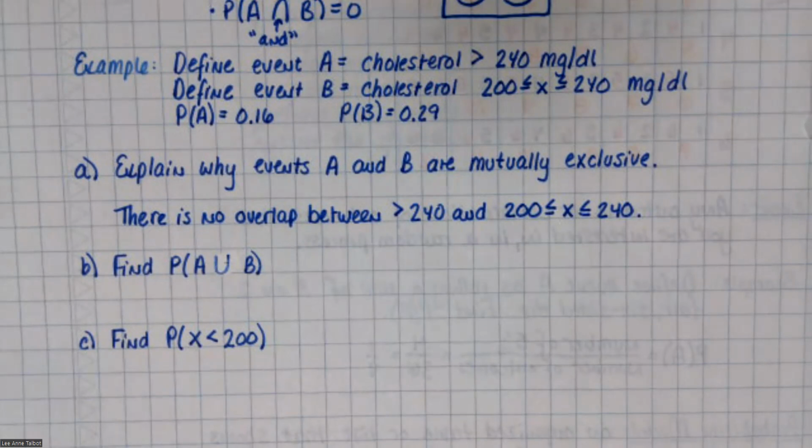So that's the math sentence: there's no numbers that are both greater than 240 and between 200 and 240. What's the common sense reason that they're mutually exclusive?